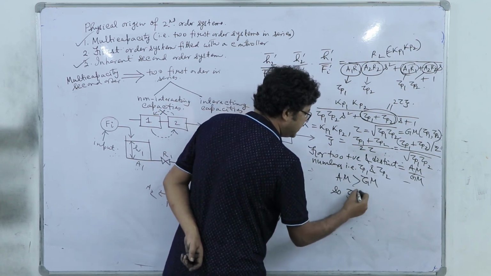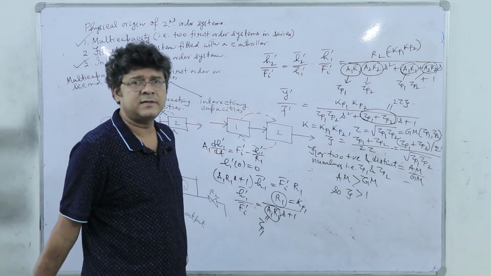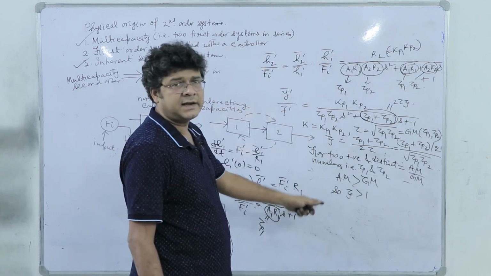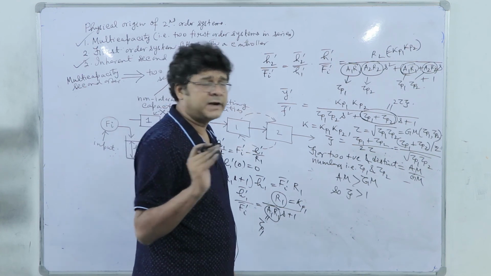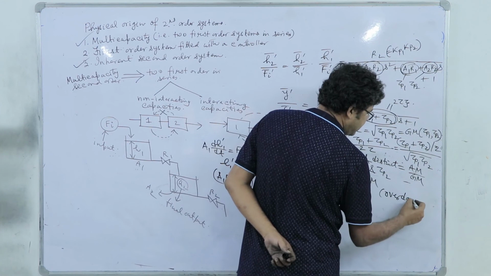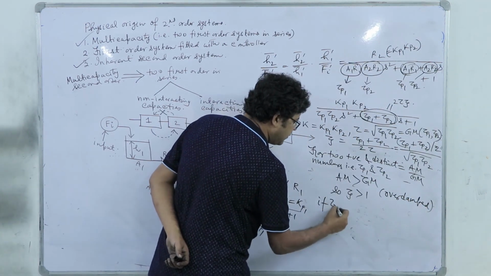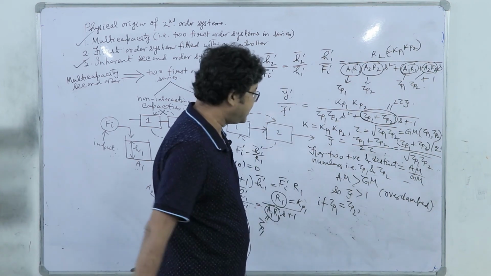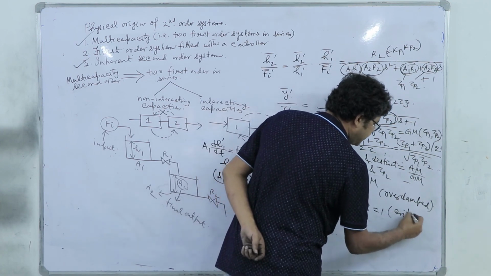So, zeta is greater than 1. So, this type of capacity is what we connect, that is, in non-interacting multi-capacity, they are always an overdamped system. If tau P1 is equal to tau P2, that is two first order capacities are identical, then zeta equal to 1, that is critically damped.